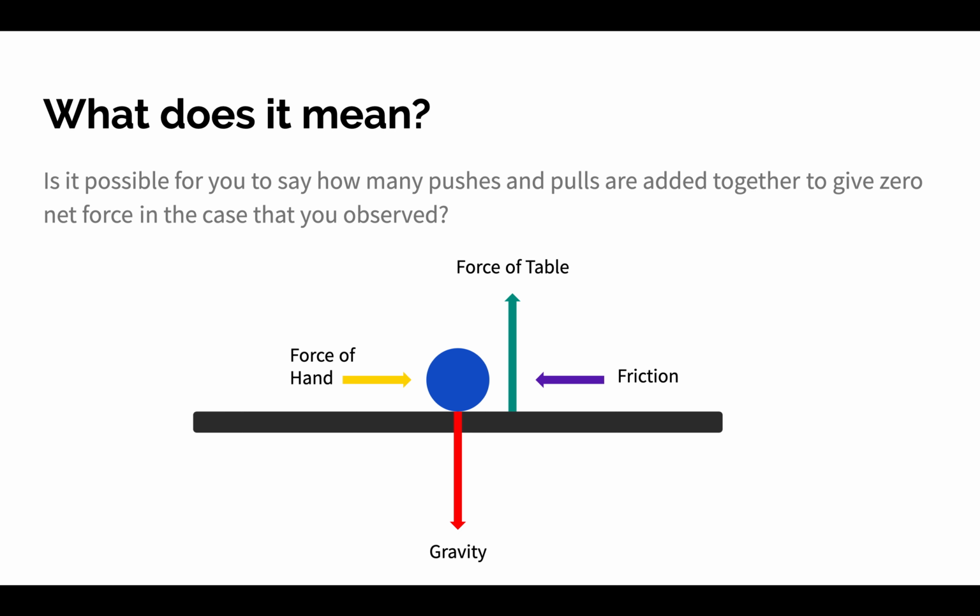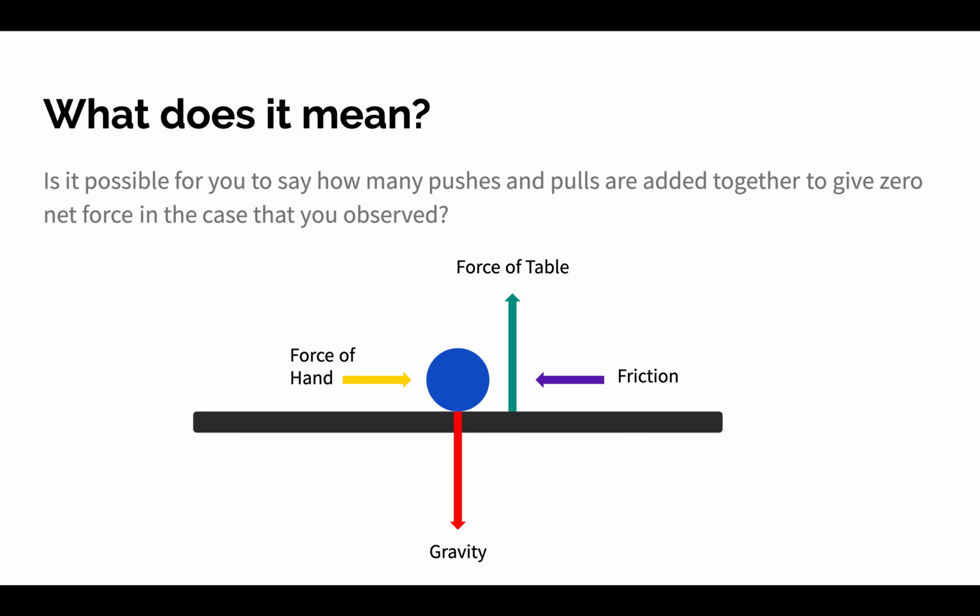Is it possible for you to say how many pushes and pulls are added together to get a zero net force in the case that you observed? In the case of the ball rolling across the smooth surface, the force of the hand pushes in one direction, and then the table's friction pushes in the opposite x direction.